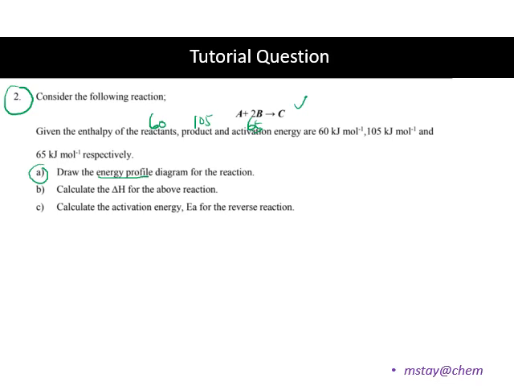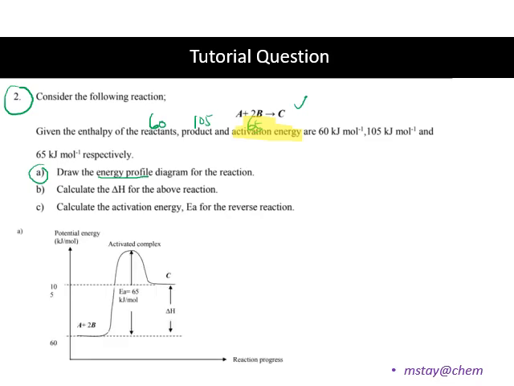If you still remember, previously in the chapter on thermochemistry, we can draw the energy profile diagram without showing the activation energy. However, in this question, the value of the activation energy is given. So we will prefer the energy level diagram which can show the activation energy, like this.